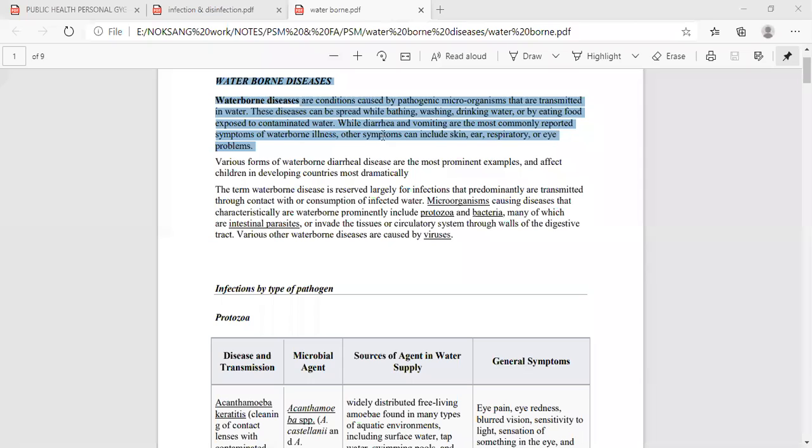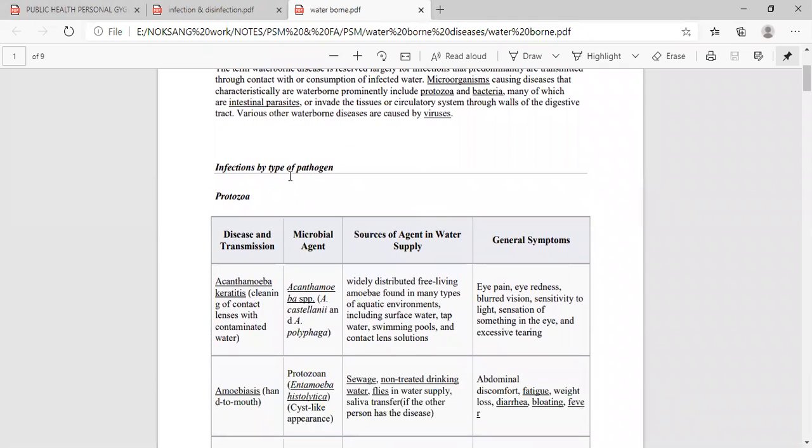You all are writing or you are taking the picture? I'm taking the picture. Okay, just write down the first paragraph. The second and third paragraphs are not required. After that, you have to write infections by type of pathogens.